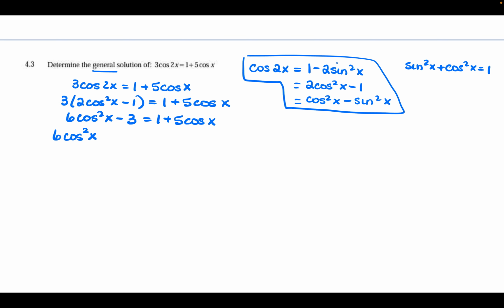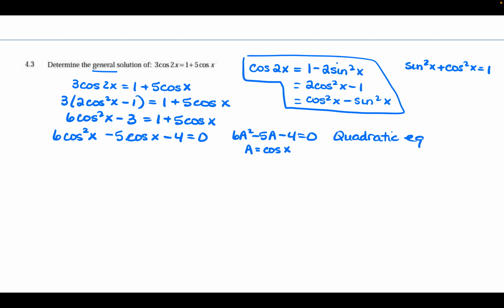If you think about an equation like this, 6a squared minus 5a minus 4 equals 0, and if you can solve that, then you can solve this other one, because you can just say, well, cosine of x is equal to a. So this is a quadratic equation.